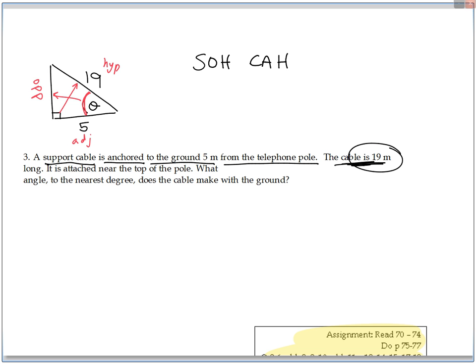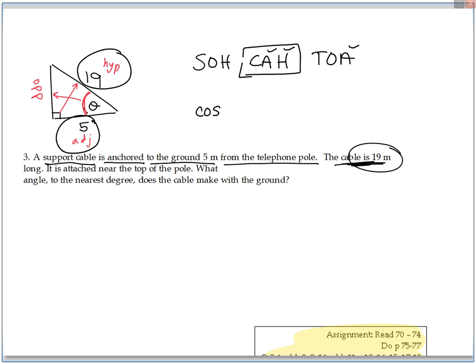This is cosine. Why is it cosine? You have adjacent, so check on adjacent, and you have hypotenuse, so check on hypotenuse. So it has to be cosine, not tangent. Okay, so we in fact have to use cosine. Cosine theta is equal to, what's the ratio for the cosine of this theta? Adjacent over hypotenuse is 5 over 19.